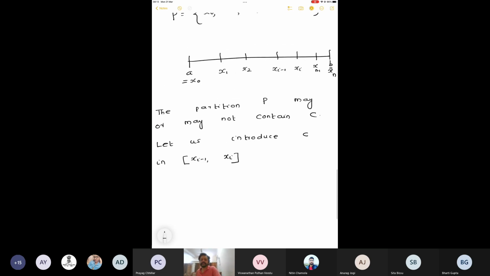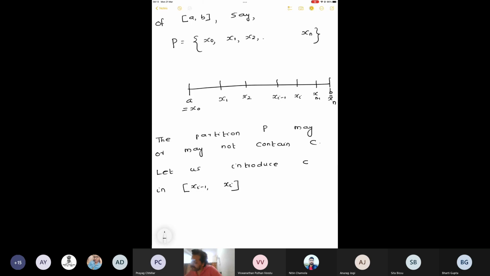In case C is not there, I shall introduce C in the ith subinterval. Now please note that the partition P along with the introduced point C gives a partition of AC as well as CB. Do you agree?